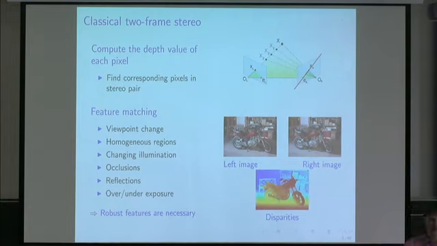With real images this can be a hard task because you have a lot of artifacts: untextured areas, viewpoint changes, homogeneous regions, illumination changes, specularities, shadows, over- and under-exposure, and so on. So in order to find corresponding points, you need robust descriptors that can cope with all these different artifacts.